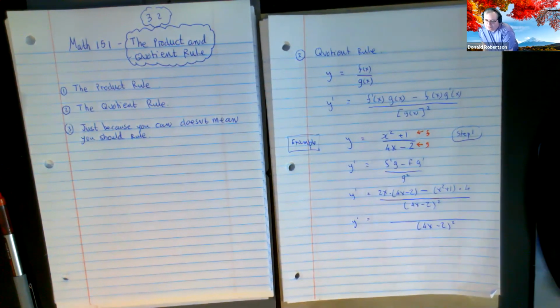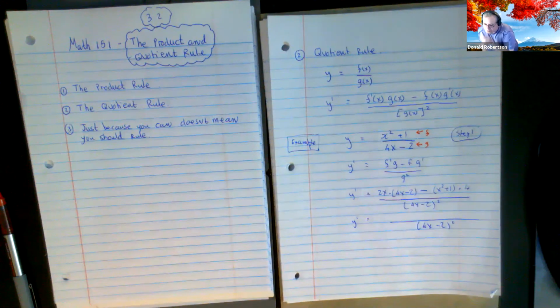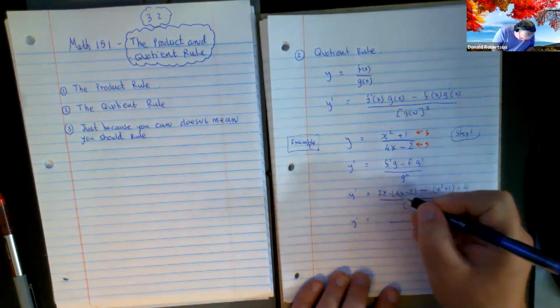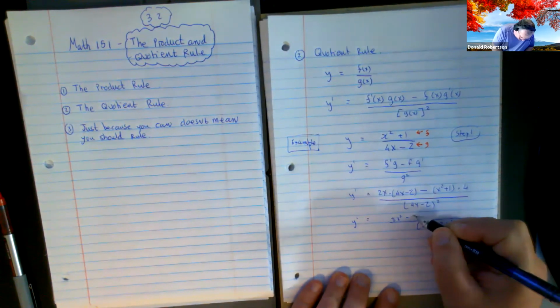What do you think I'm going to do to the numerator in this answer? I'm not going to leave it like that. What am I going to do? Expand it. Distribute. That times that, 4x squared, that times that, negative 4x.